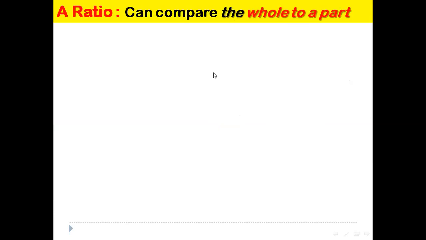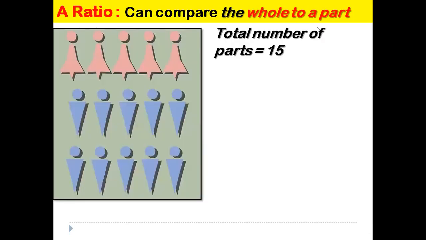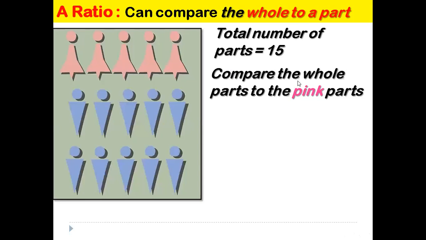We can, by the way, do the opposite. We can compare whole to part. For example, if they tell you to compare the whole number of parts to the pink, you might say, teacher, it's the same, pink to whole and whole to pink.